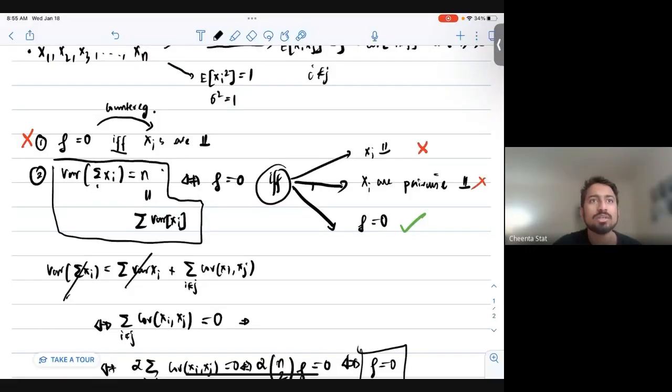So this is true: if the Xi's are pairwise independent, then the Xi's may not be independent, right?